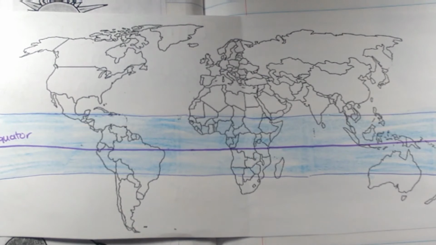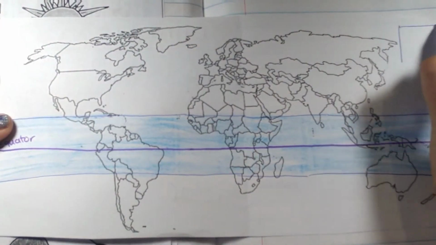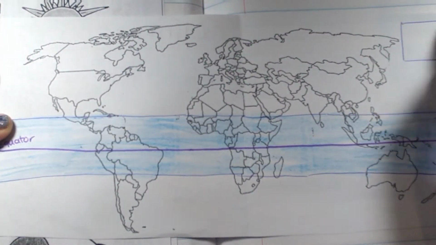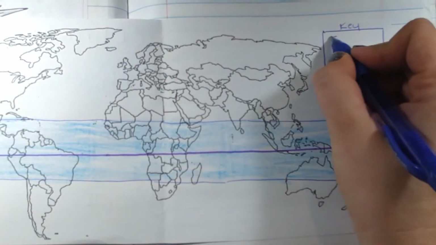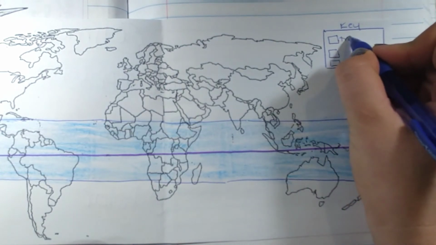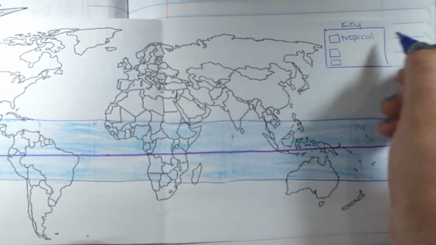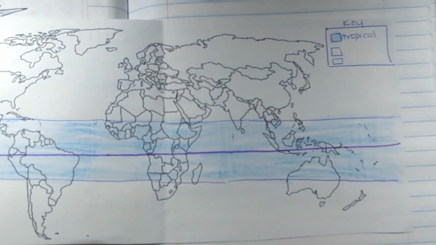So that is tropical. We are going to make a key right here. Tropical is going to be blue. That way we know what the colors represent.